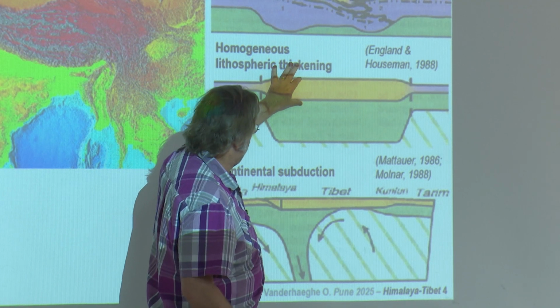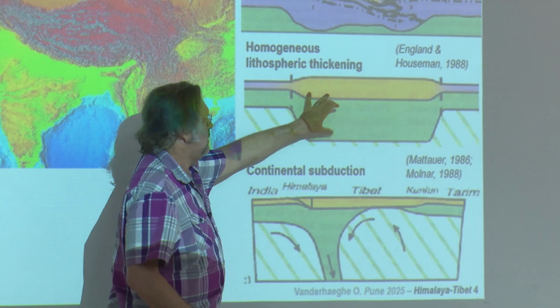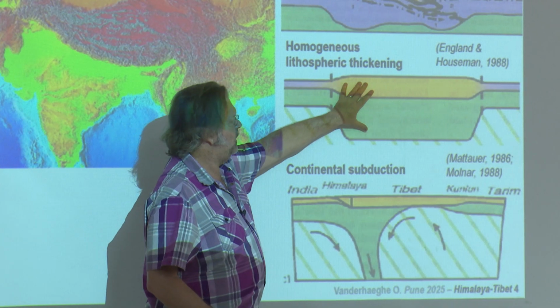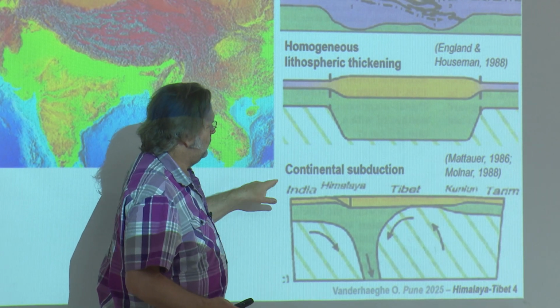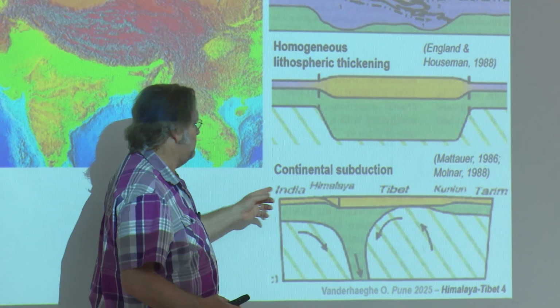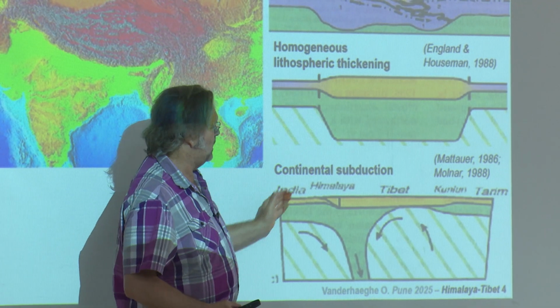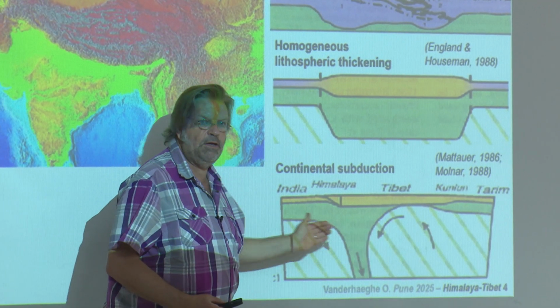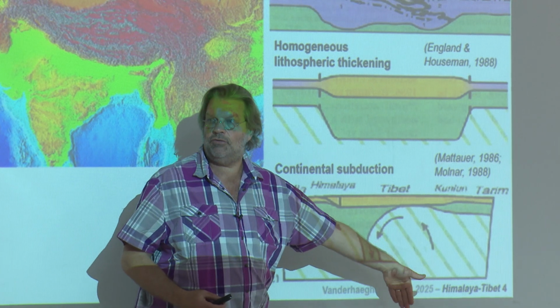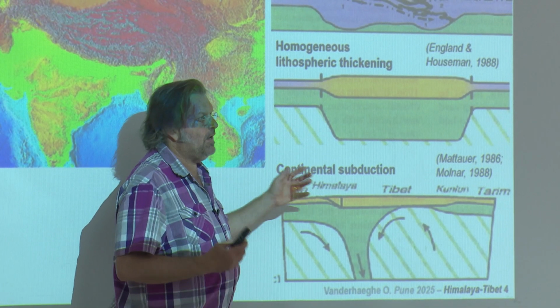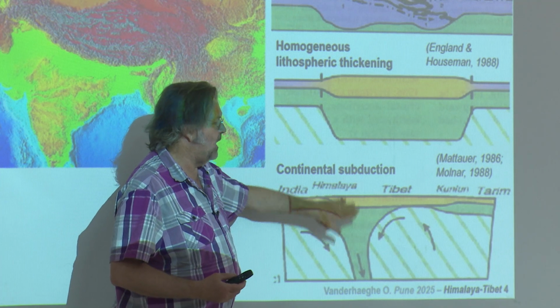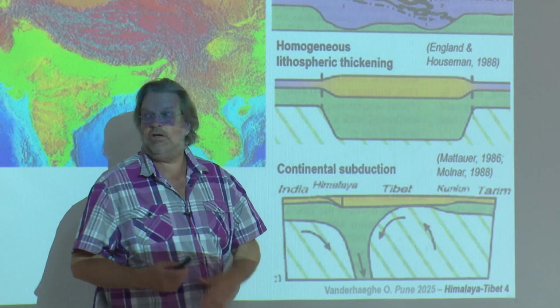So the crust and the lithospheric mantle will thicken homogeneously. But in the same years, some other authors said, okay, maybe you have thickening of the crust, but at the same time, the lithospheric mantle might still be going into subduction. So that was the first idea that the crust and the lithospheric mantle could be decoupled.